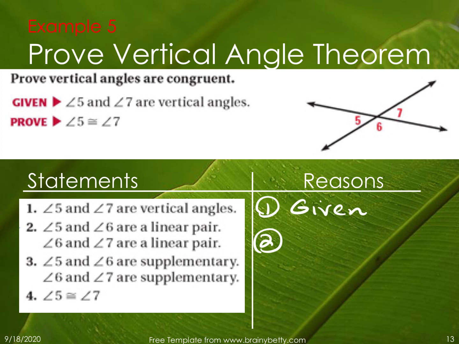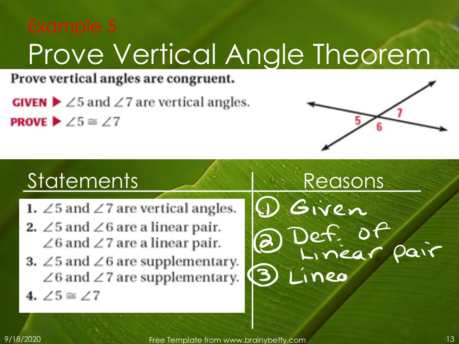So this is the definition of a linear pair. But then in step 3, they're talking about the measurement, that they're supplements. So step 3 is the linear pair postulate.